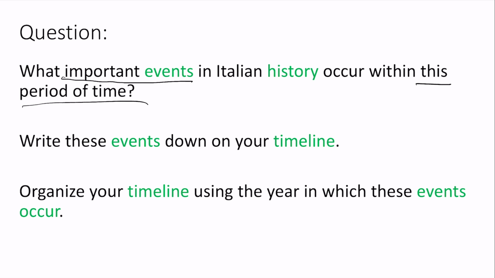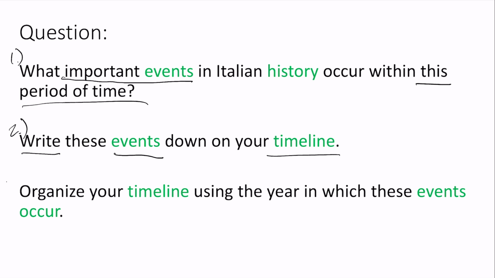And what I would like for you to do is I want you to write these events down on your timeline. All right? So if you can think of certain things that happen in the nation of Italy during this time, I want you to write those events down now.